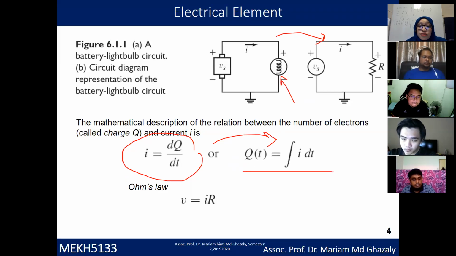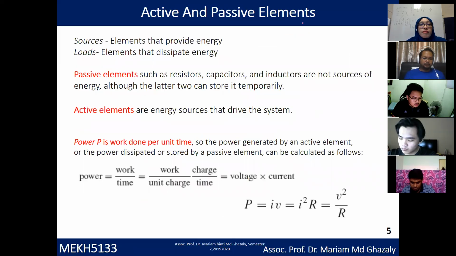From here you get q(t) as the integral of I dt. You have Ohm's law, V equal to IR. The source is the element that provides energy, and the load is the one that dissipates energy.